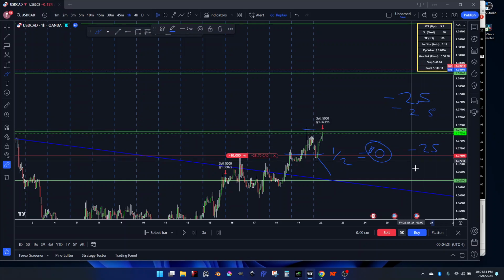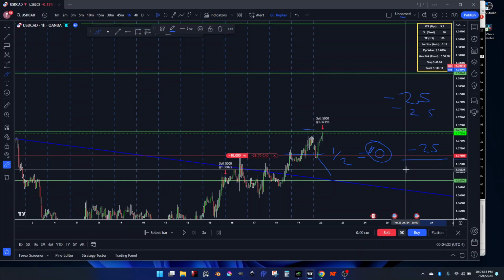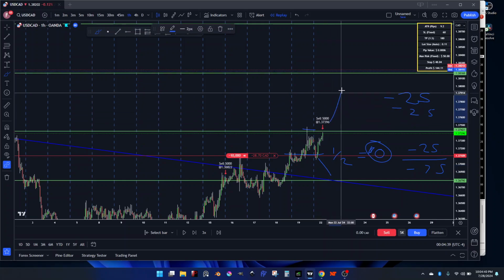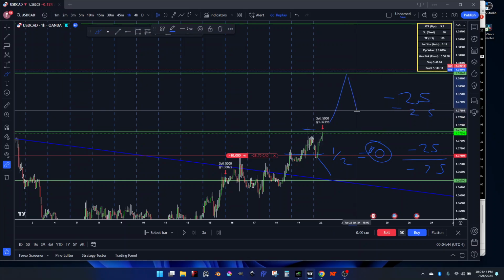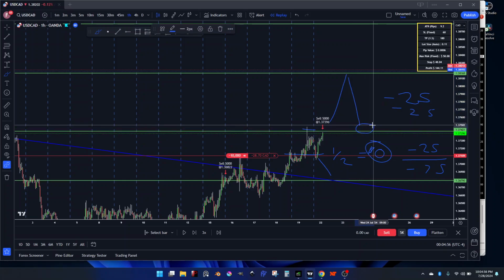Plus this 25, so we'll be down a total of $75 at that point. But now, if price travels up to here, comes back down, it needs to come halfway between all three in this case. So if price comes up, travels back down, this area here is now your break even.